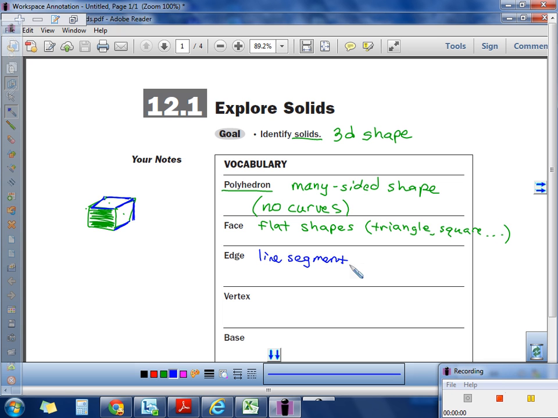What an edge does is that it connects two vertices. So if you look down here, here is one vertex, and here is another vertex. And really a basic term for a vertex is just a corner. So how many corners does it have? So there's a bunch of them on this shape, and you can see that I'm making dots on the vertices. And once again, an edge connects two vertices.